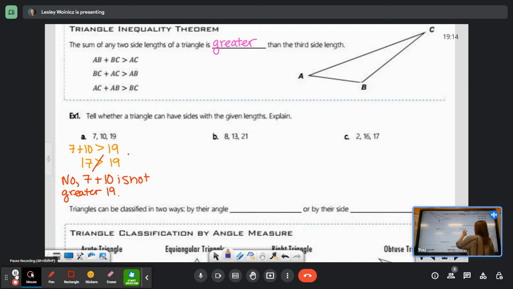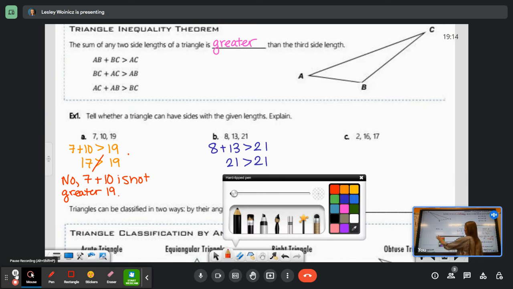Okay, let's try another one. All right, so we've got 8 plus 13. Is that greater than 21? Okay, no, it's not. It's equal to 21. So this is actually 21 is greater than 21, and we know that this is false.